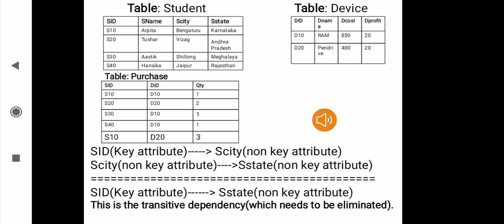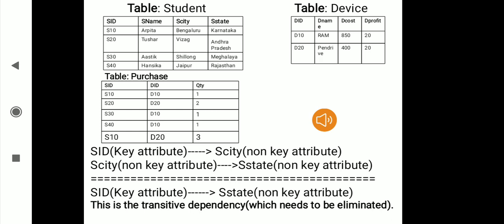Now the important thing is that if a key attribute determines a non-key attribute, it is acceptable. That means if the primary key column SID determines a non-key attribute such as SNAME, SCity, or SState, it is acceptable.